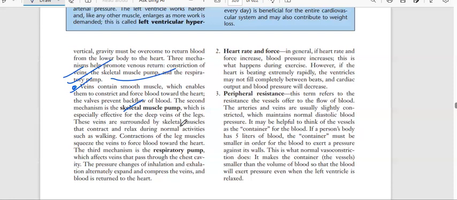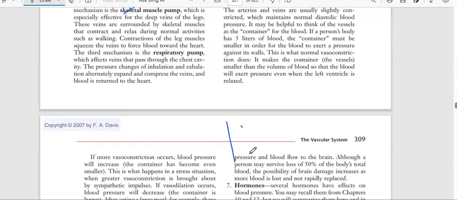These veins are surrounded by skeletal muscles that contract and relax during normal activity, such as walking. Contraction of the leg muscles squeezes the veins to force blood toward the heart. So mainly while we're walking, where are the deeper veins? In the leg, the deeper veins are present here.